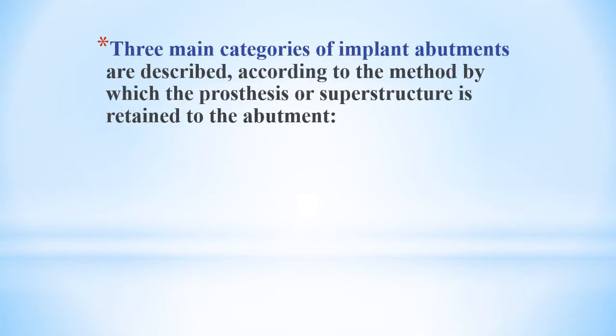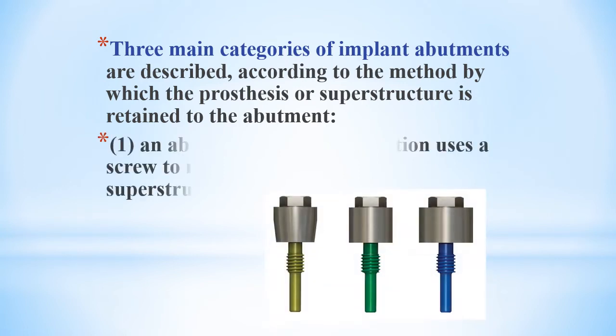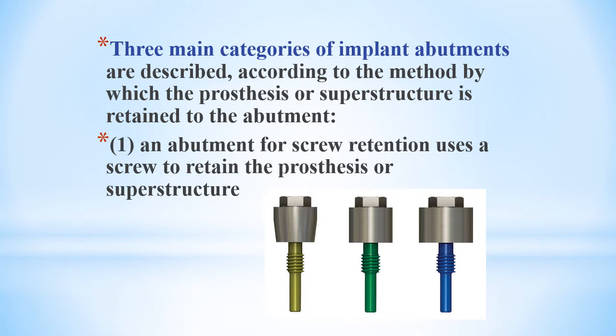We have three main categories of implant abutments, according to the method by which the prosthesis or superstructure is retained to the abutment. The first group are abutments for screw retention, which use a screw to retain the prosthesis or superstructure.